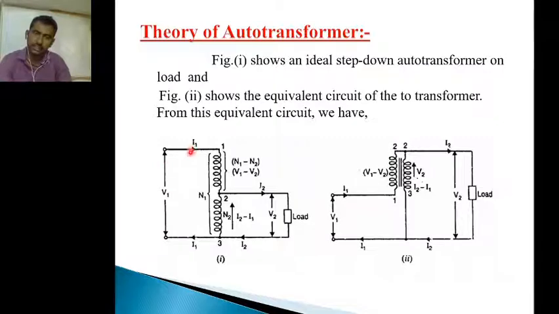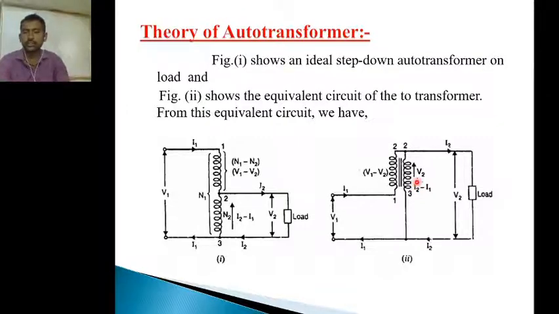That's why this is the step down transformer. Here N2 turns are linked with the secondary and the remaining turns are N1 minus N2. Similarly the voltage is also V1 minus V2. So this will be represented in this manner.